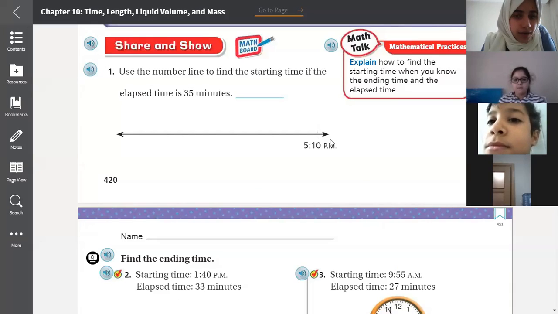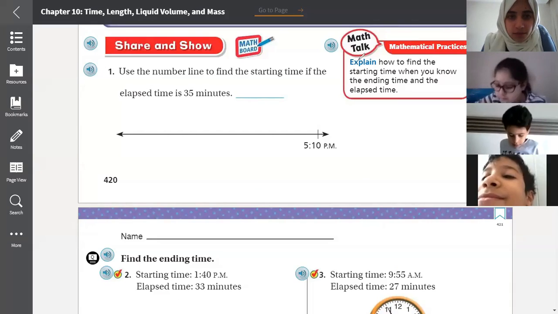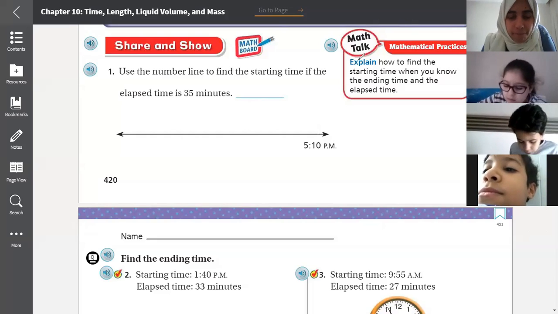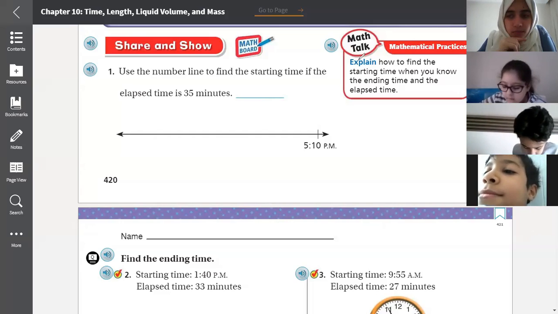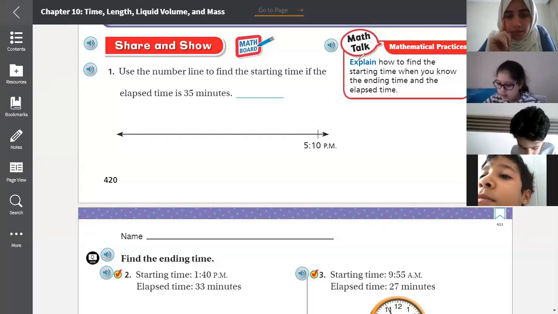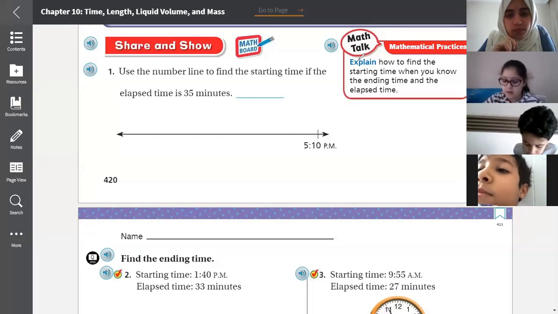Fed, can you help me solve the first one? Use the number line to find the starting time if the elapsed time is 35 minutes.